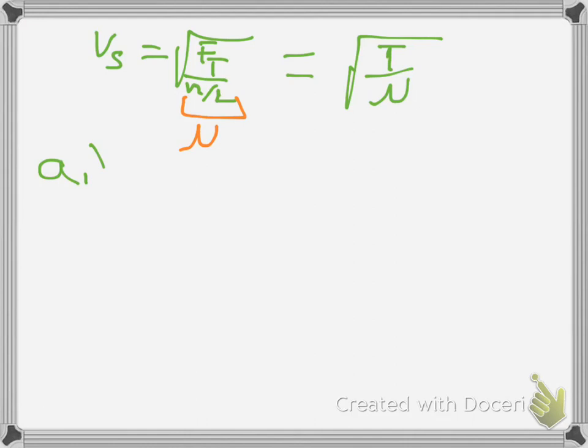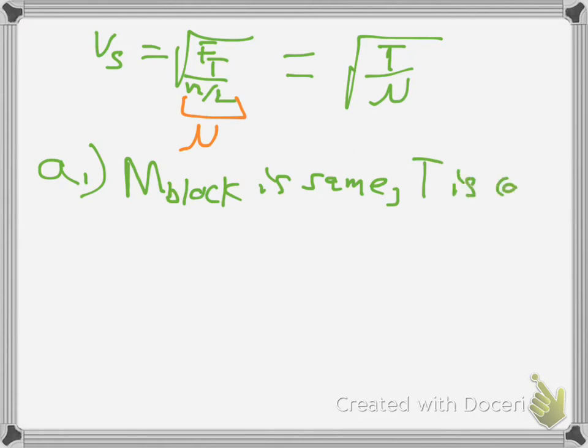Okay, so let's start with part A. What is different about the 4 strings shown above that would result in them having different fundamental frequencies? Explain how you arrived at that answer. Let's write down information that we know. Capital M, the mass of the block, is the same, so the tension is constant here.